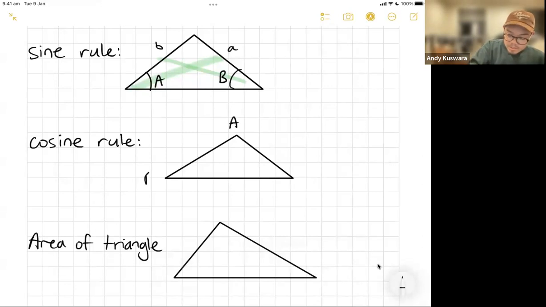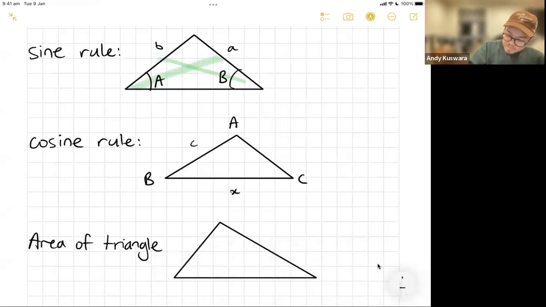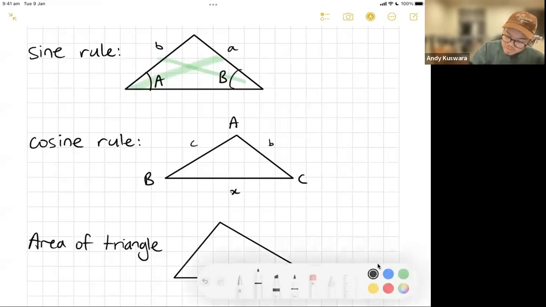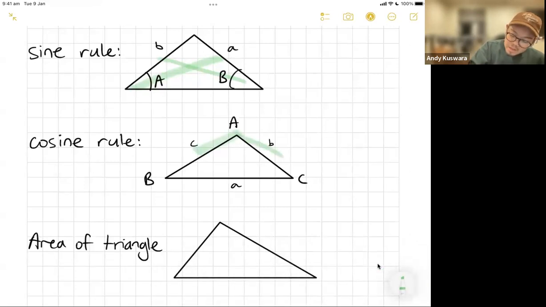Cosine rule is when you're going to have something that looks a little bit like this. You'll have C, you'll have B here. I'm going to go with this triangle. And for this one, it's when you have two sides, the included angle and the opposite.